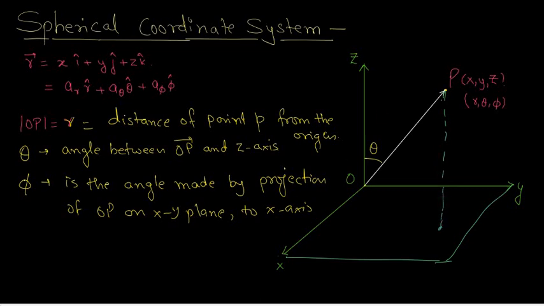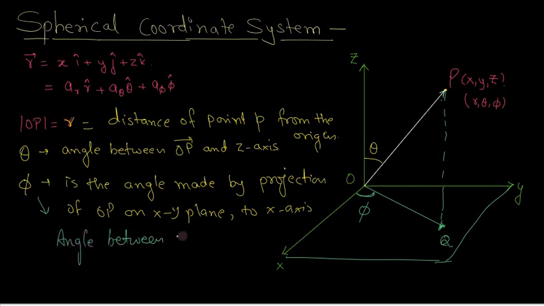Let this fall here; I will call it another vector in the XY plane, let's call this Q. Then the angle between OQ and the x-axis is your phi.